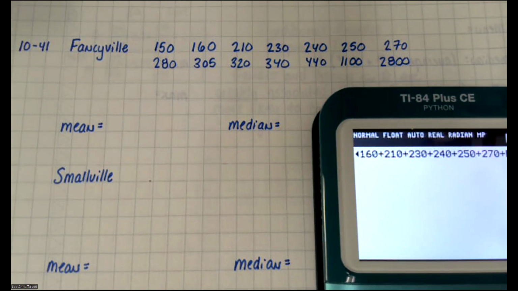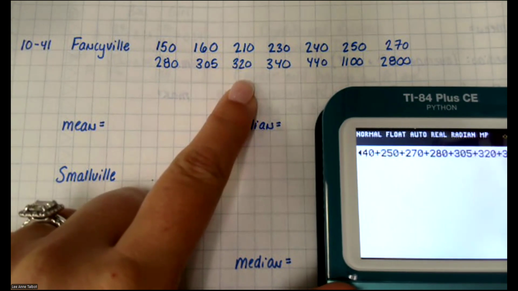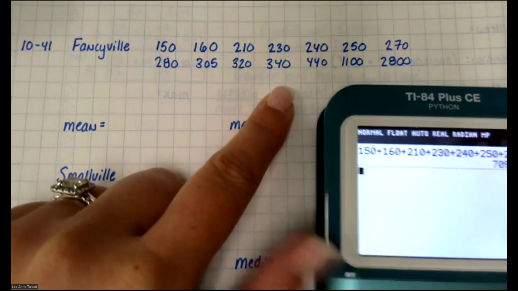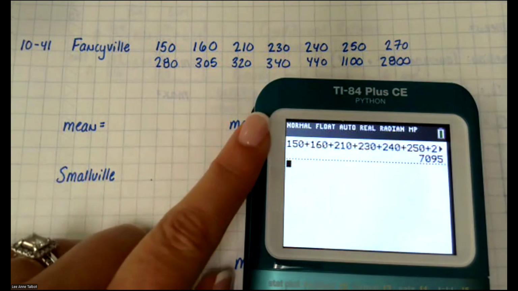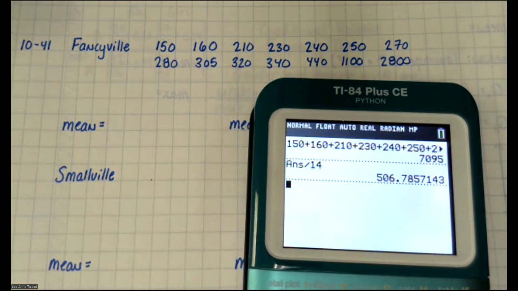$560.79. Did anyone else get 7,095? 506.8.